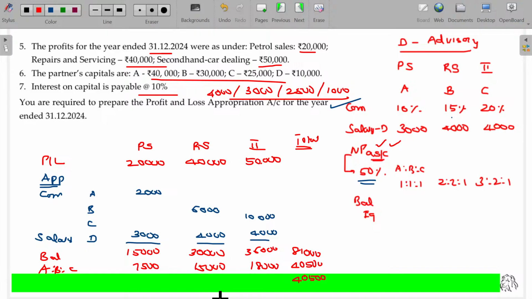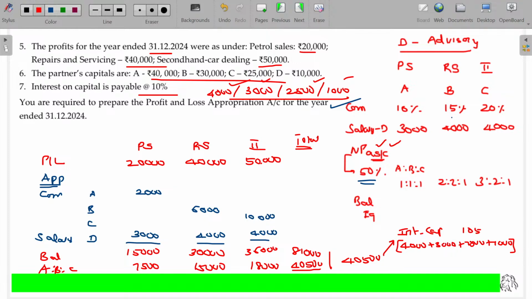From that balance, you have to subtract interest on capital: 4,000, 3,000, 2,500, 1,000 for A, B, C, D. What is the total value? 10,500.